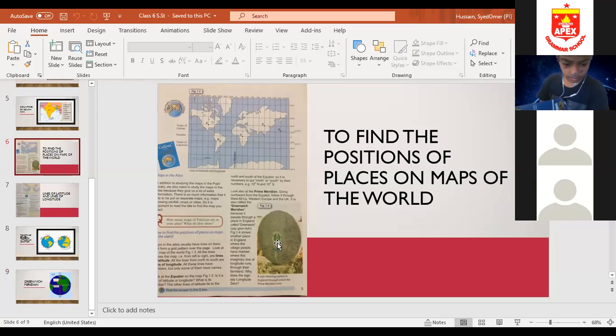Why is it called Greenwich Meridian? Because it is present on the prime meridian. It is a place in England. It is also called the Greenwich Meridian because it passes through a place in England called Greenwich.